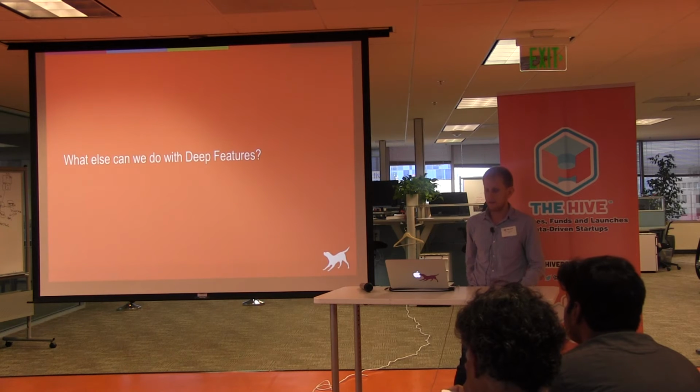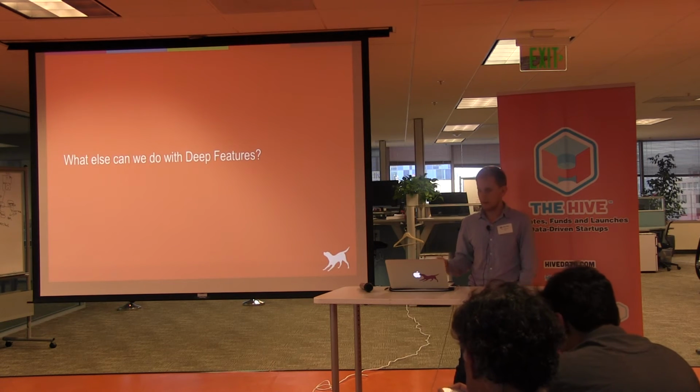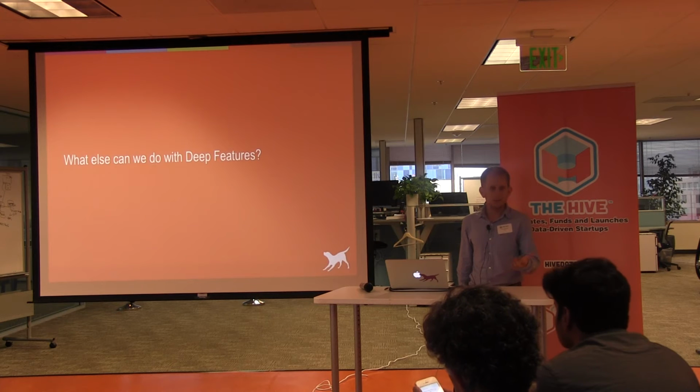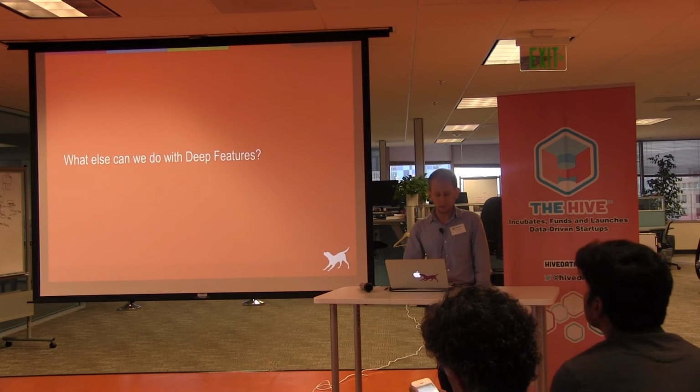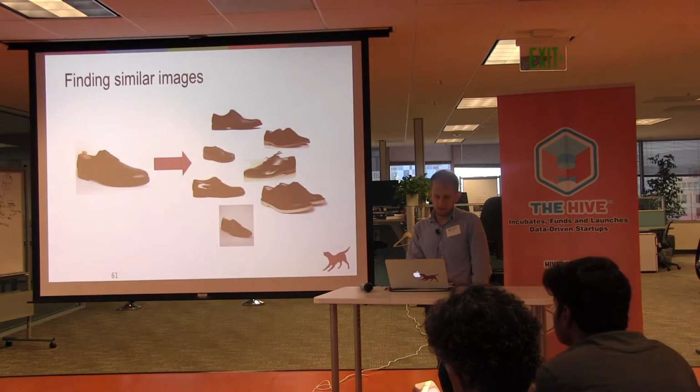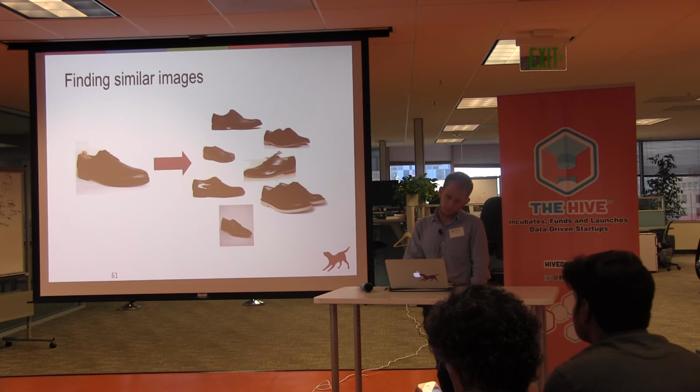Cool. So what else can we do with these deep features? We have really semantically meaningful representations of any natural image now. And so you should be able to use this for a variety of different things. One natural thing is finding similar images.